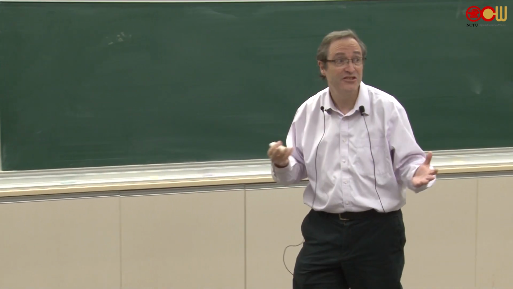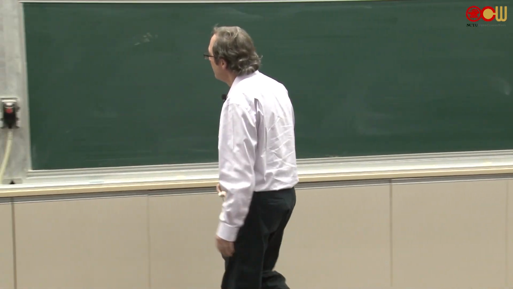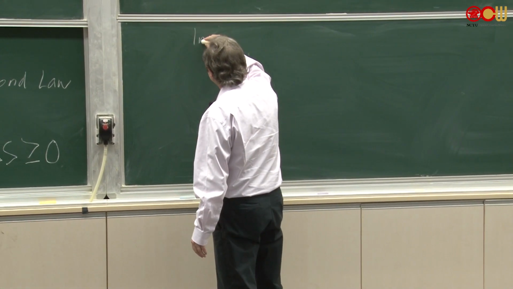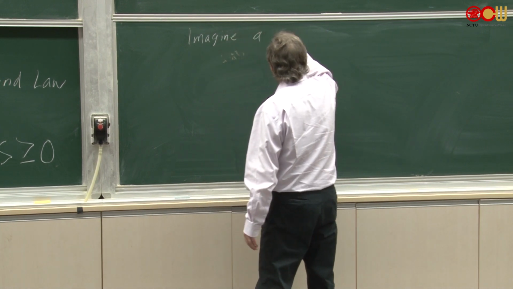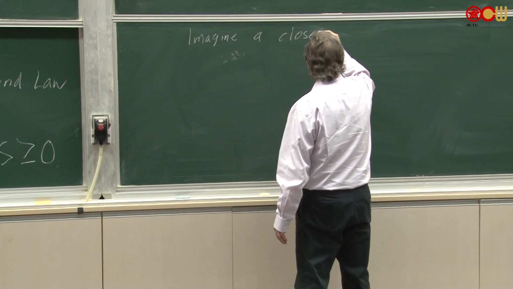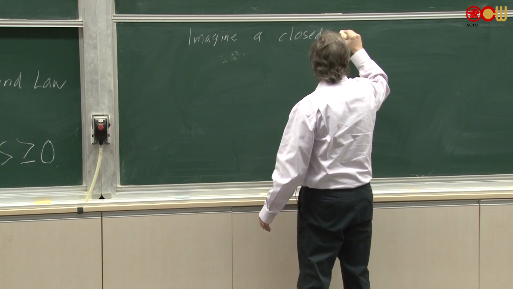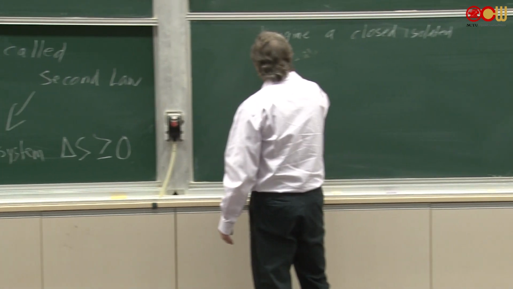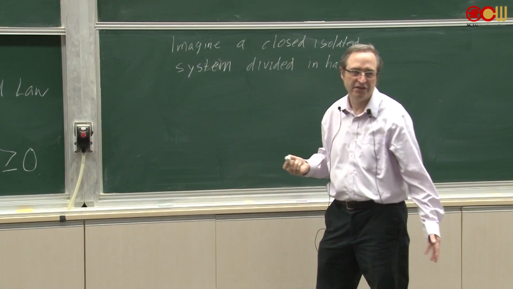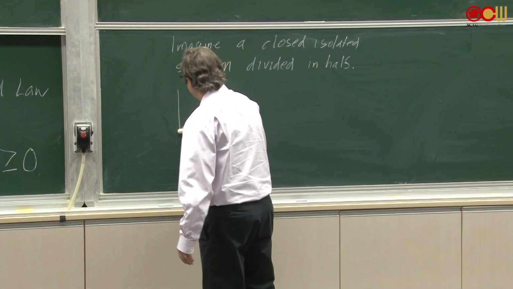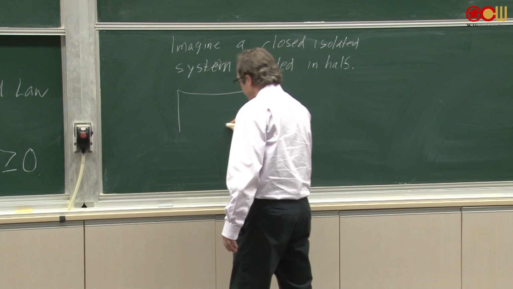Okay, so here's how we're going to do this. We imagine a closed system, just like we asked for, a closed, isolated system. But it's divided in half, or in two pieces. Doesn't have to be a half. So here's our system.